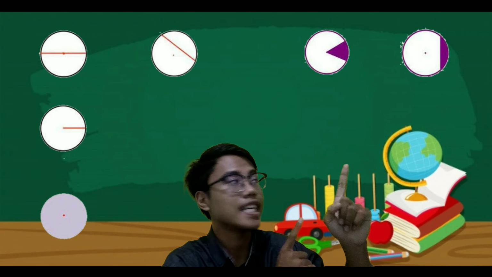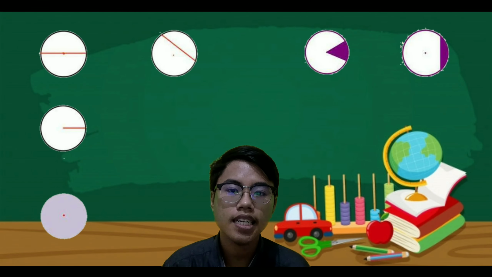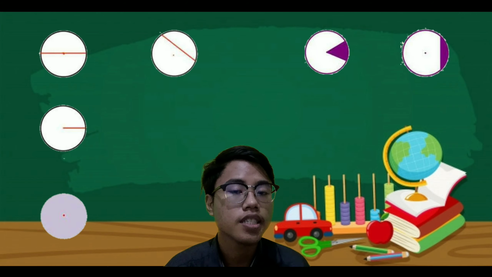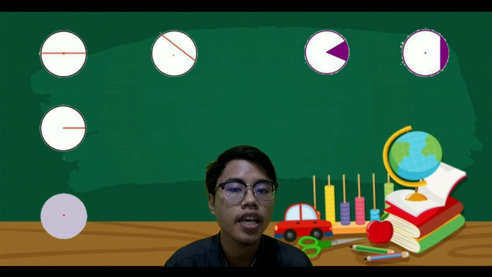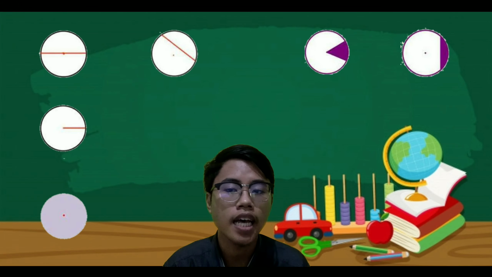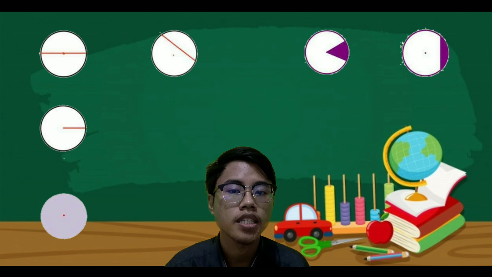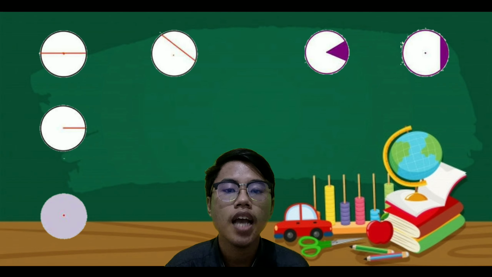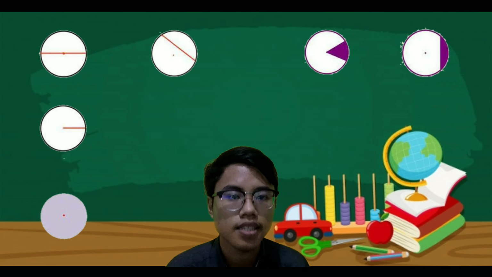And this is the circular segment. The circular segment is a region of 2-dimensional space that is bounded by an arc of less than 180 degrees of a circle and by the chord connecting the end points of the arc.